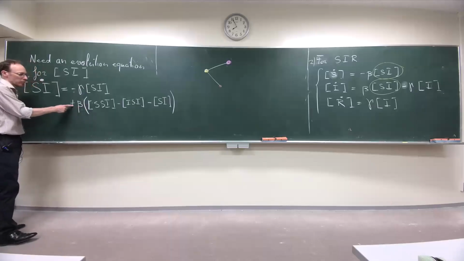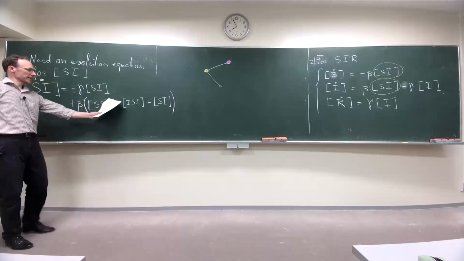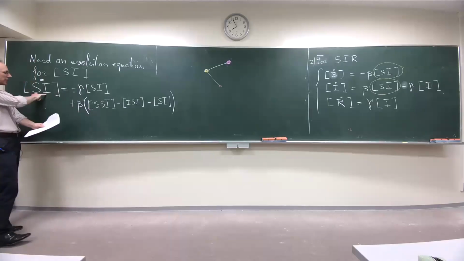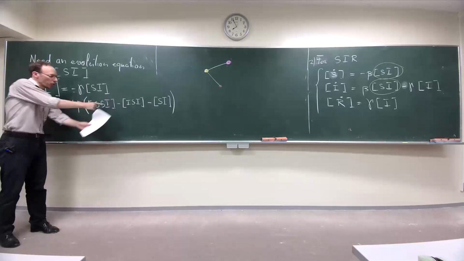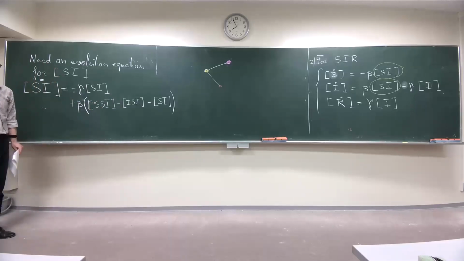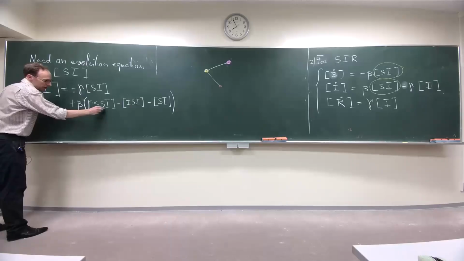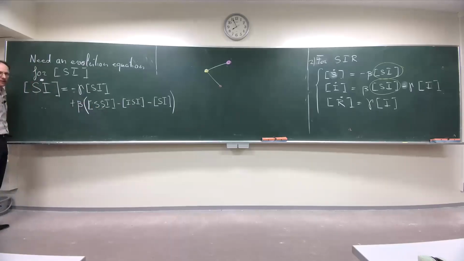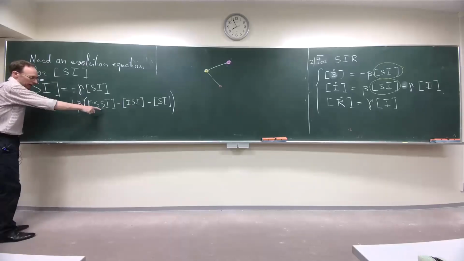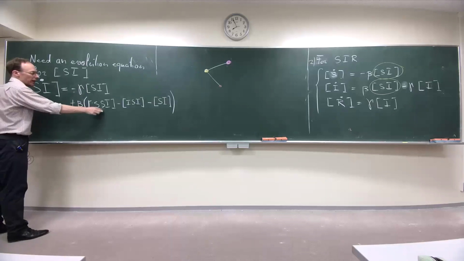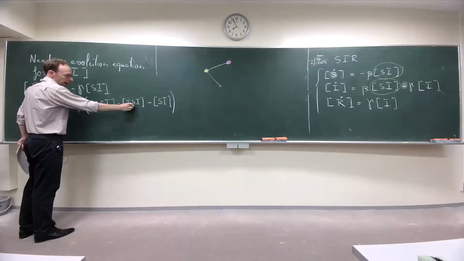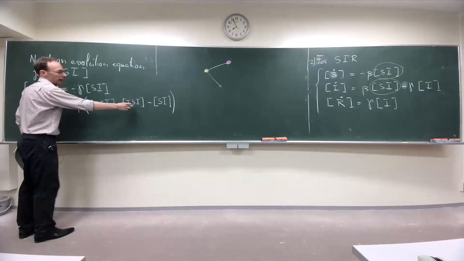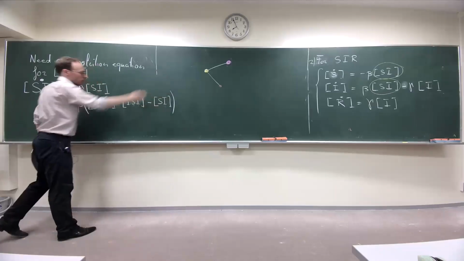And this is why it's a positive contribution. We had two SS, but one is infected by I, and then these SS become SI. So yes, it's a positive contribution to SI. S becomes infected by somebody from outside or by its colleague.